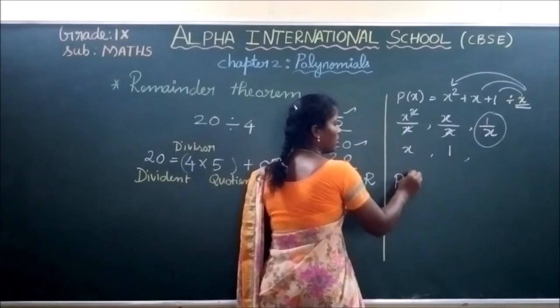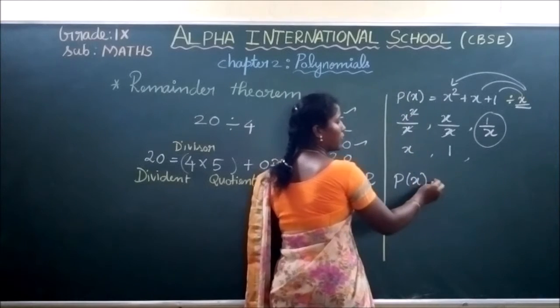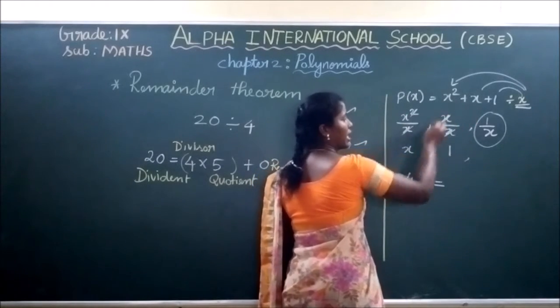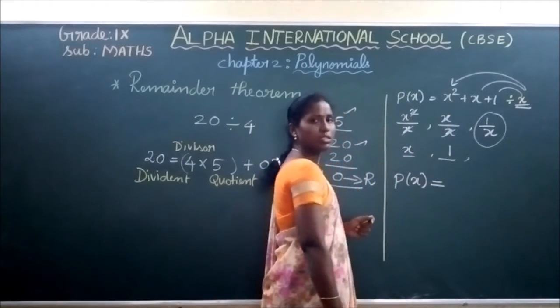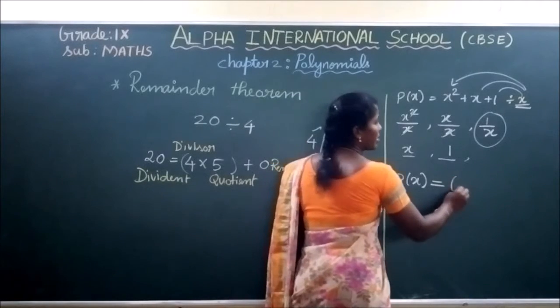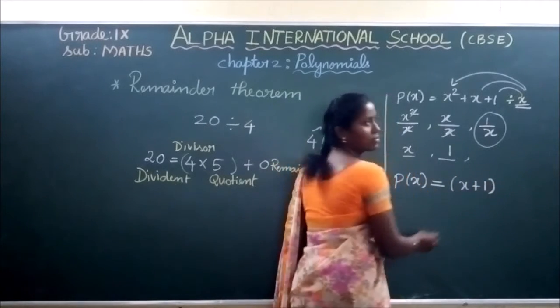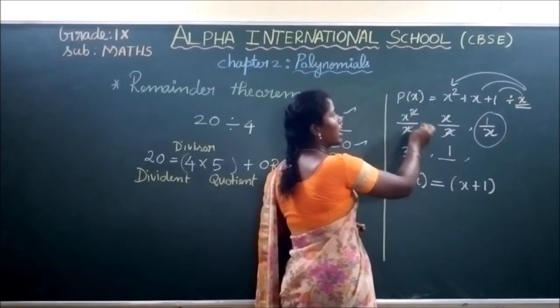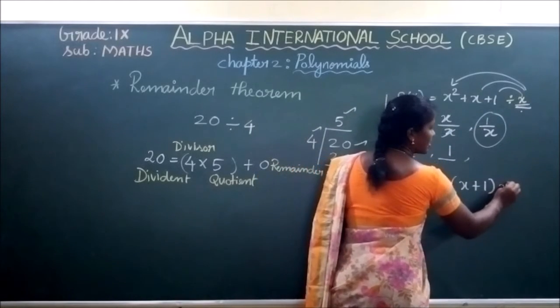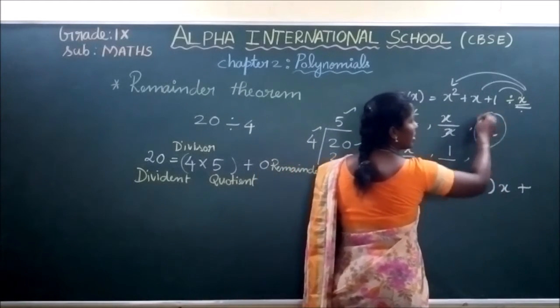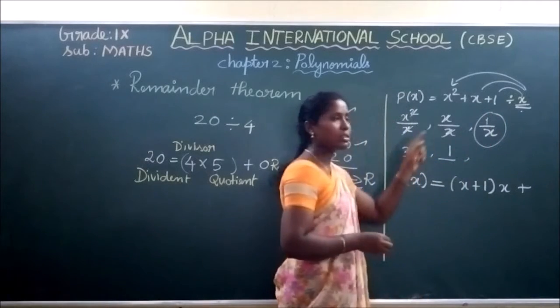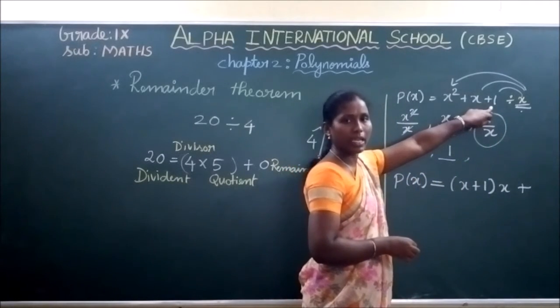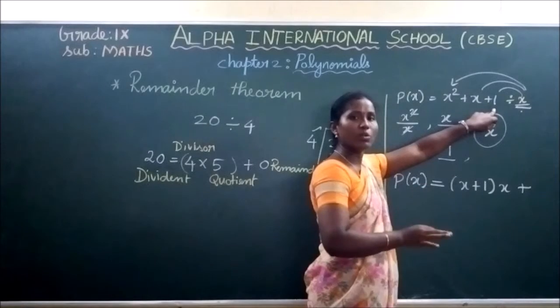Now p of x is divided by x. The first and second terms got divided, so we write x plus 1. What is the remainder? The last term, the constant 1, cannot be divided by x, so 1 remains as it is.